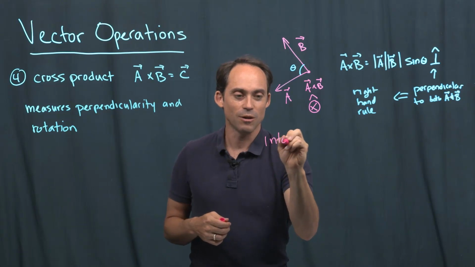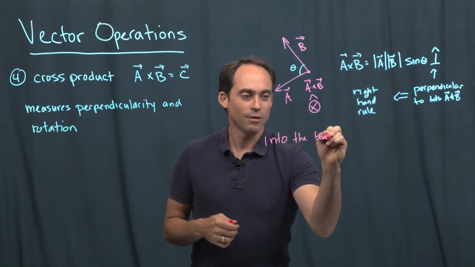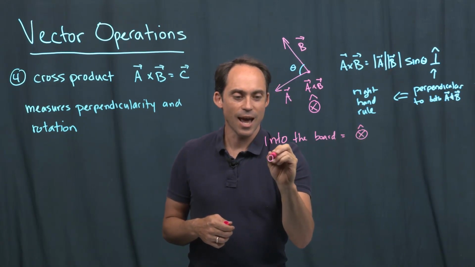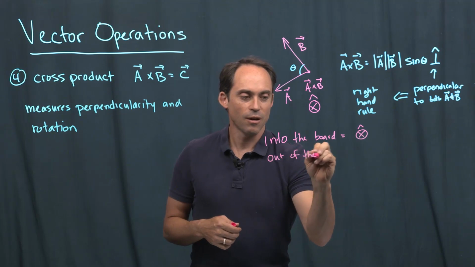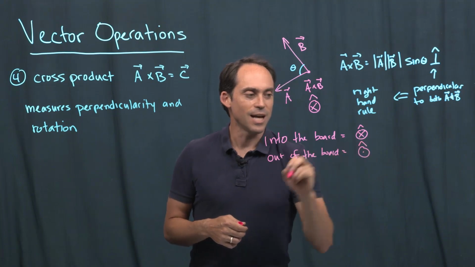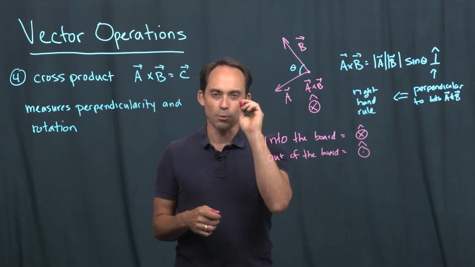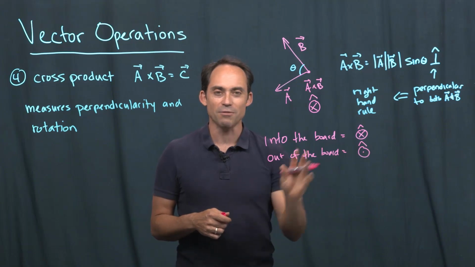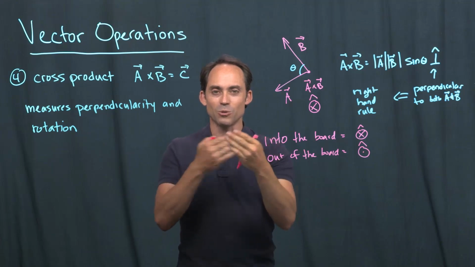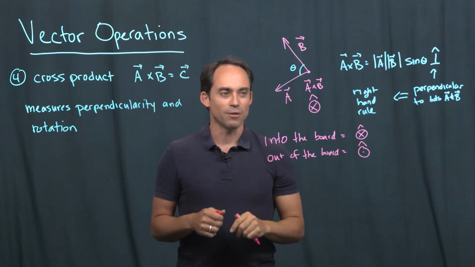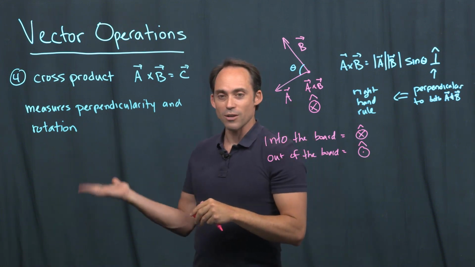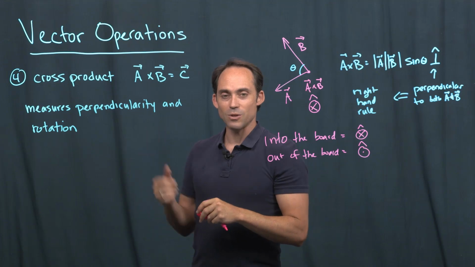So into the board is equal to this cross symbol. And then out of the board, or toward you, is a dot with a circle around it. And that's kind of the point of the arrow coming at you. Okay, so we have these new unit vectors to kind of display directions that are kind of putting us into another dimension away from the glass here. All right, so that would be the case of A cross B. All right, that's pointing into the board.